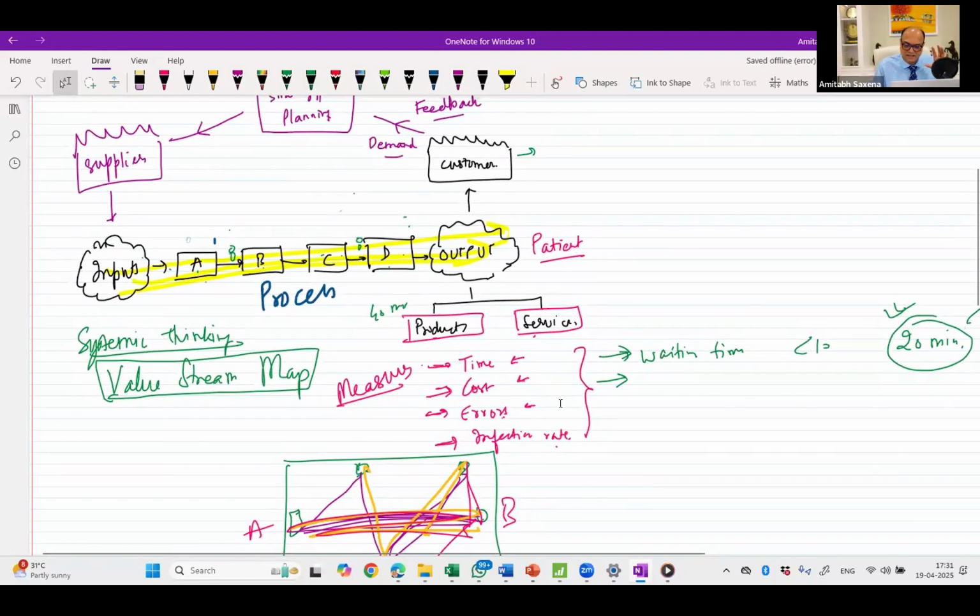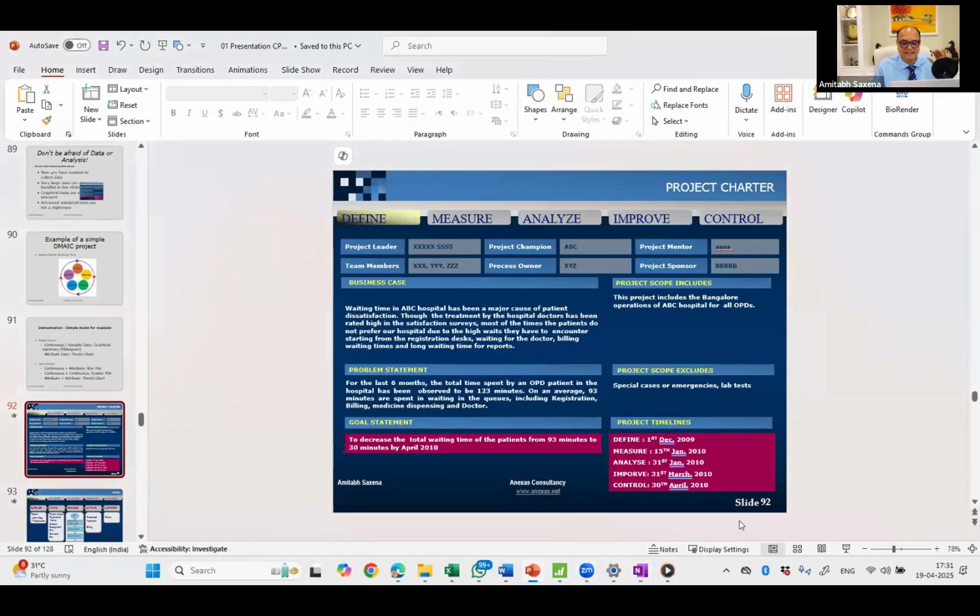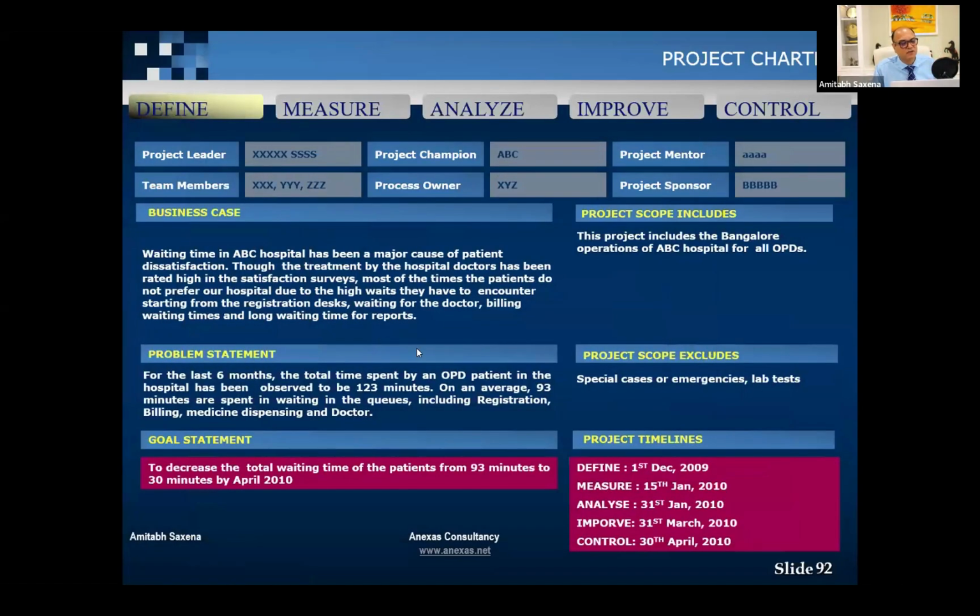First, you make a team. Whenever you want to do an improvement project, you create a team. Very briefly, I'll take you through one or two projects. And then, if time is still there, I will show some advanced tools, how you typically do a project, how a typical certified professional will do a project.